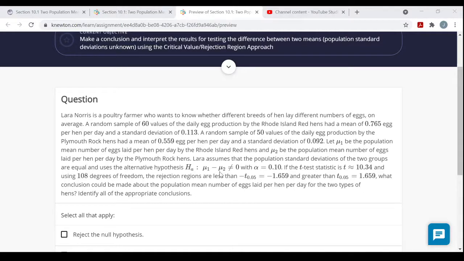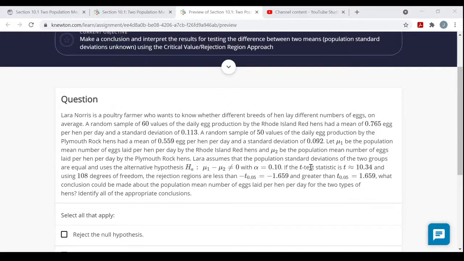The alternative is assuming they're not, that the difference between the population means is not 0, with a significance level alpha of 10%, alpha equals 0.10. They're giving us a lot of information because all we're asked to do is make a conclusion and interpret the results.